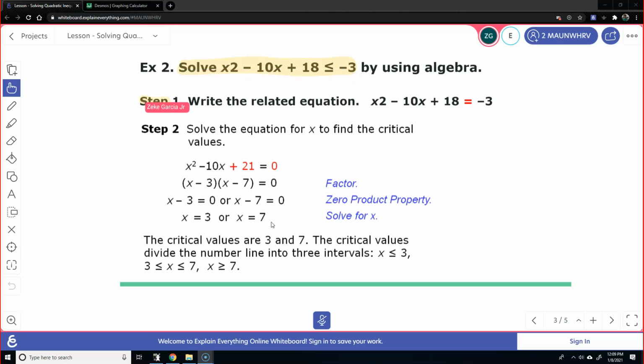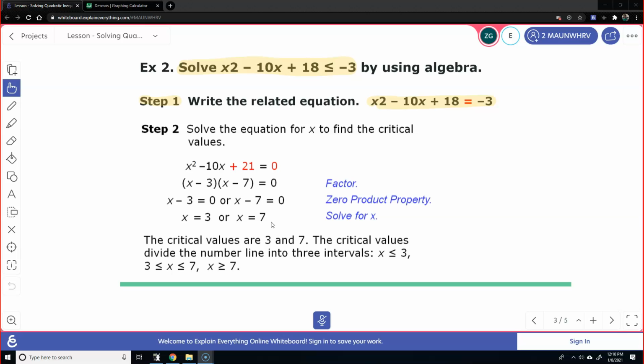The first step is to write it as an equation. We're going to go through the process of solving this as if it was a quadratic equation. We're going to find the critical points, and that's going to help us determine the solutions to this quadratic inequality. Remember that a quadratic inequality has more than one answer.